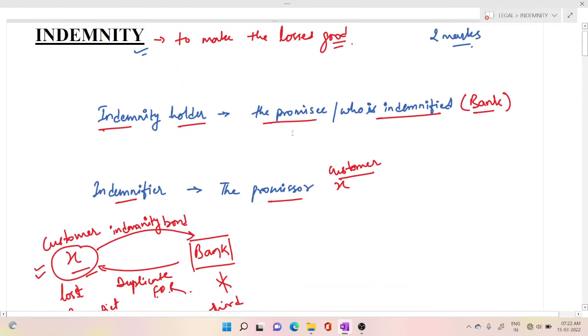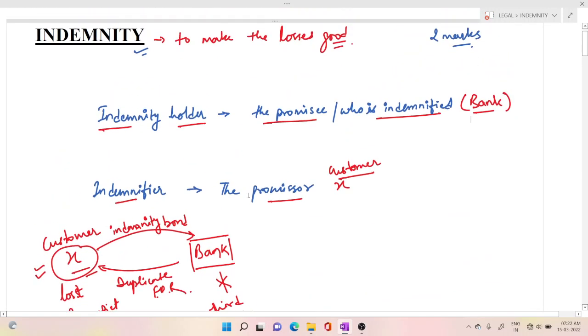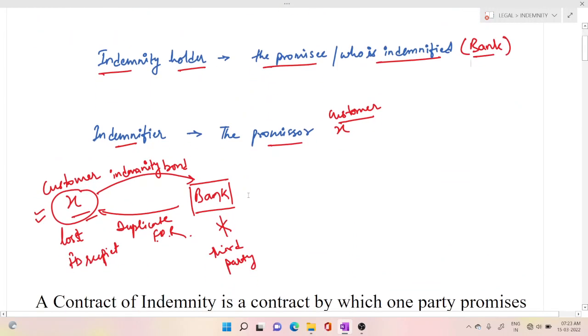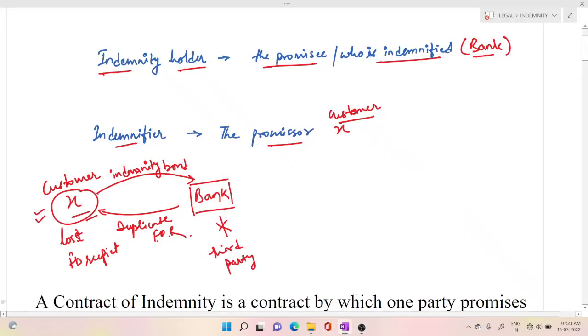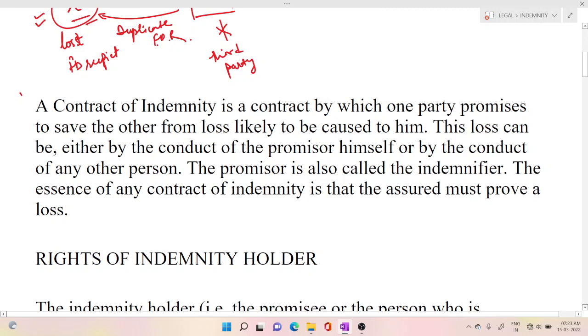So this was just a brief overview of indemnity. What is indemnity? Now let's move to the theoretical aspects of the contract of indemnity. A contract of indemnity is a contract by which one party promises to save the other from loss likely to be caused to him.